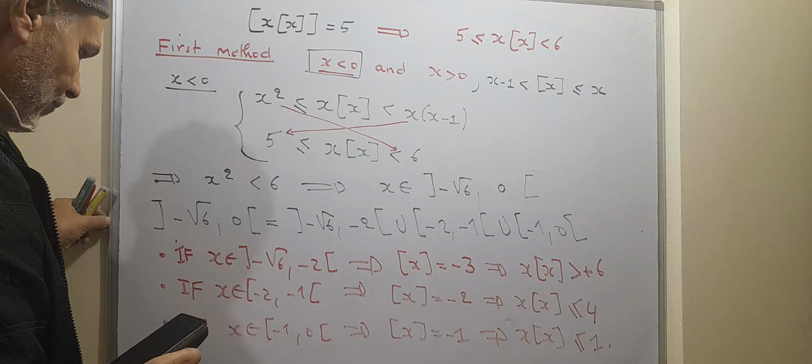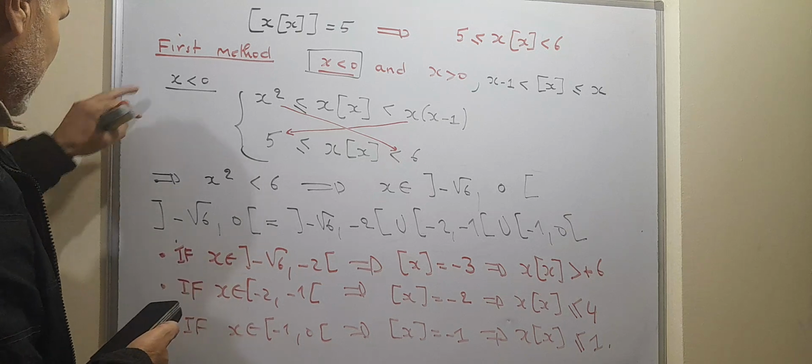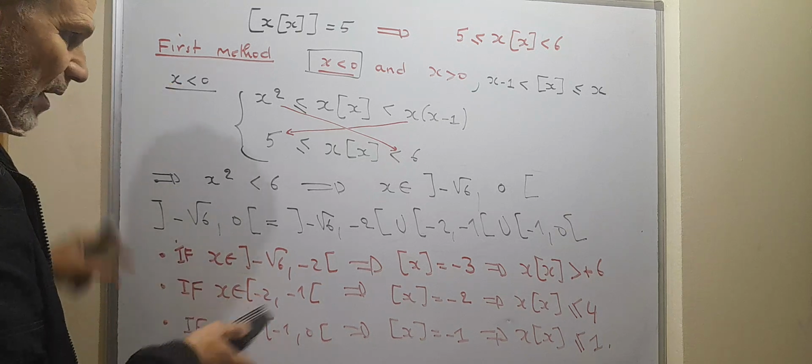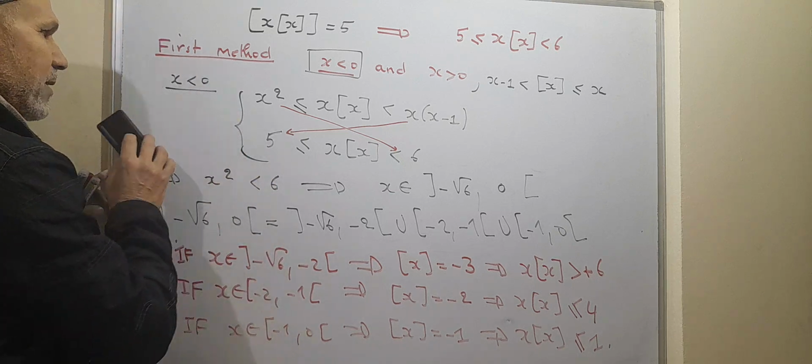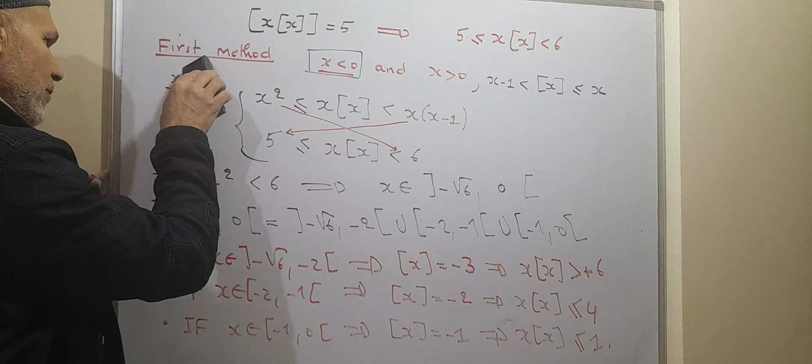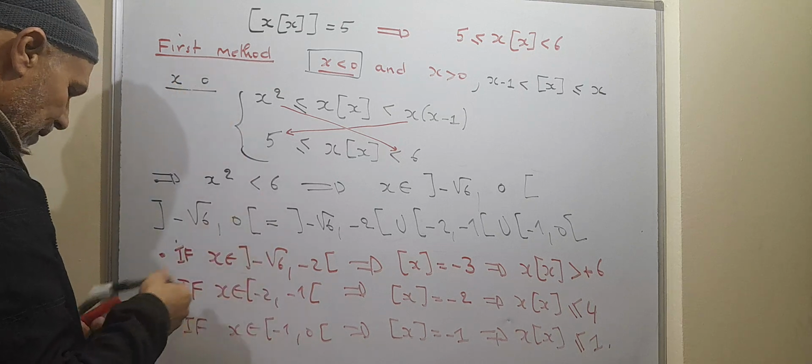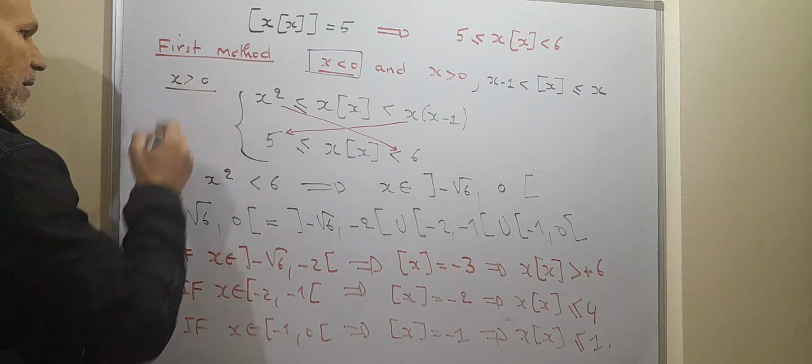So in the case one, x strictly less than 0, we have no solution. Suppose that x is greater than 0. In this case, we will suppose that x is strictly greater than 0.